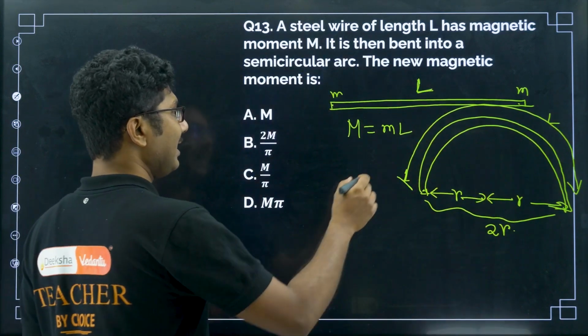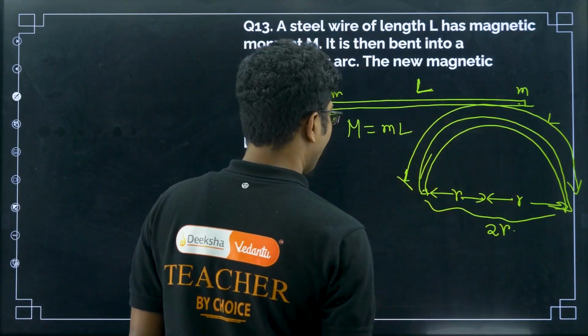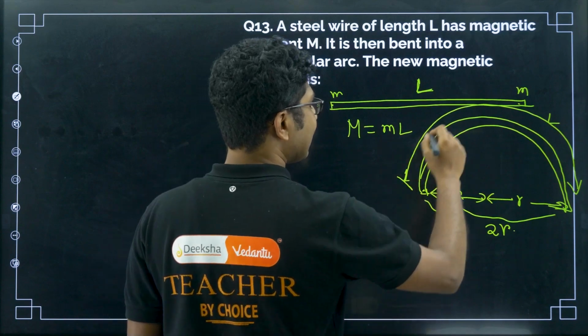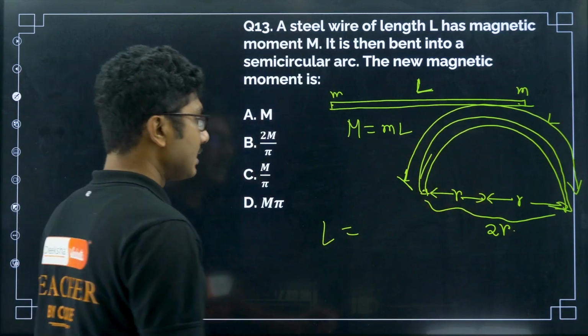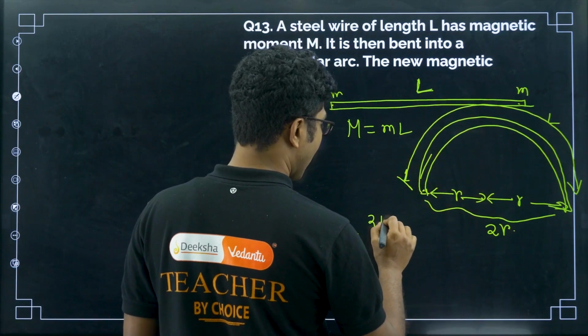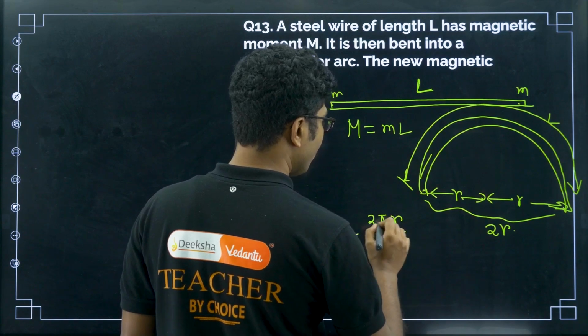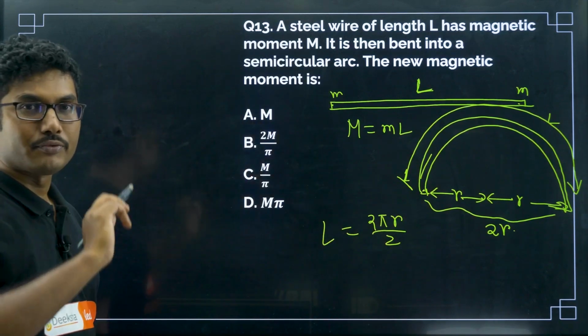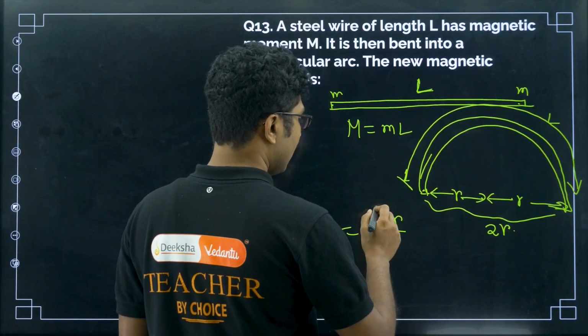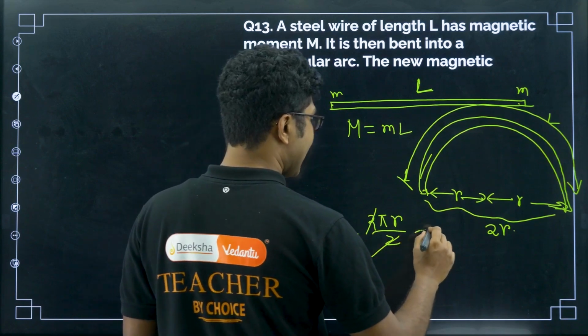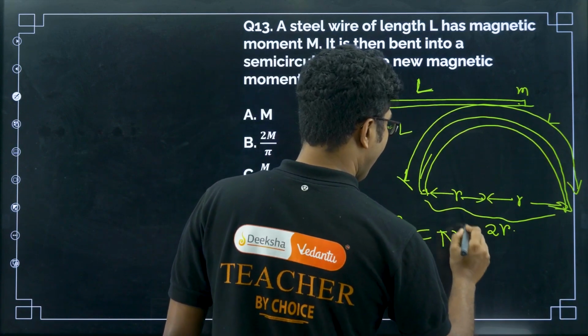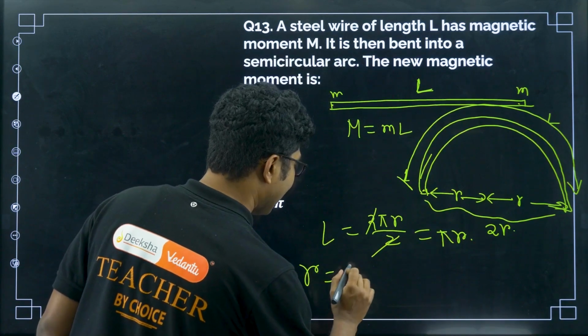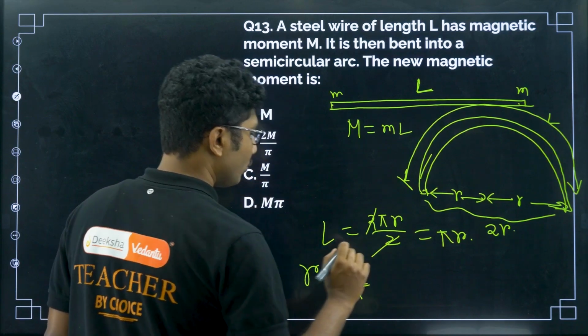Now what is the length of this wire L? It is the half perimeter of this circle. Half perimeter is 2 pi R divided by 2, since 2 pi R is the perimeter of the full circle. So L equals pi R, and R is basically L by pi.